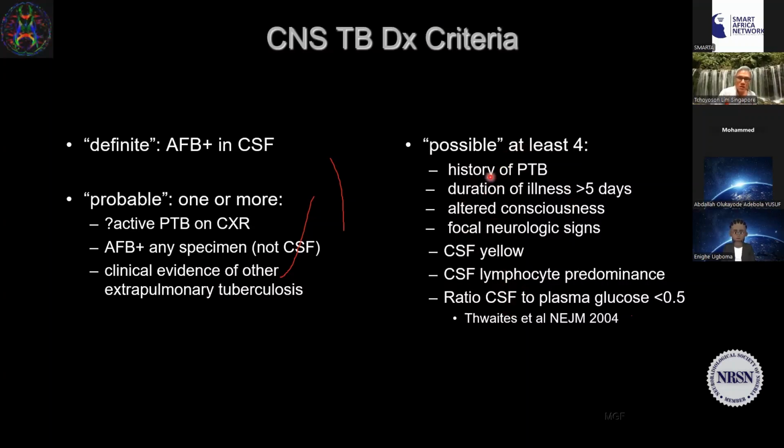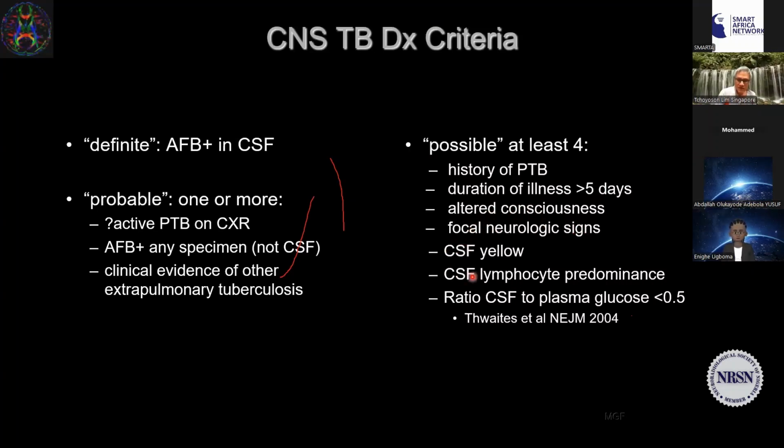So these are all features that make us suspect that the meningitis is caused by TB. First, the history of pulmonary TB in the chest. If there's a duration of illness in a subacute range, not the acute bacterial meningitis, but a subacute onset, and altered consciousness and focal neurological signs.